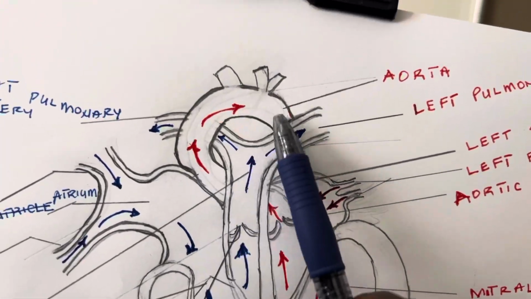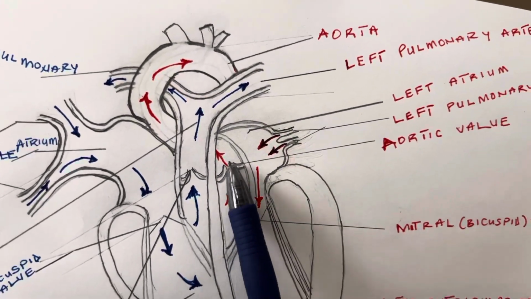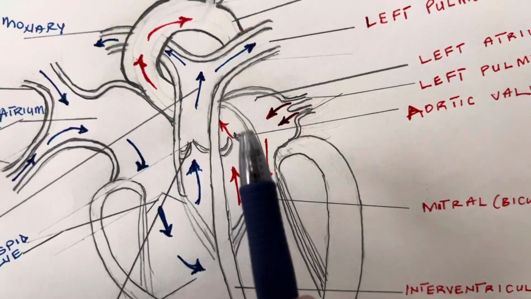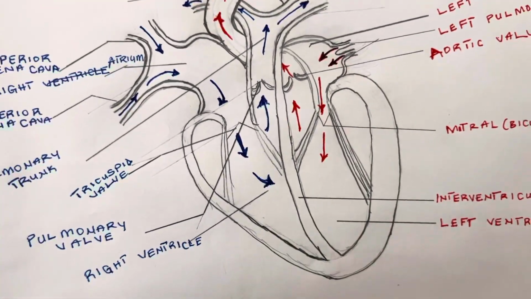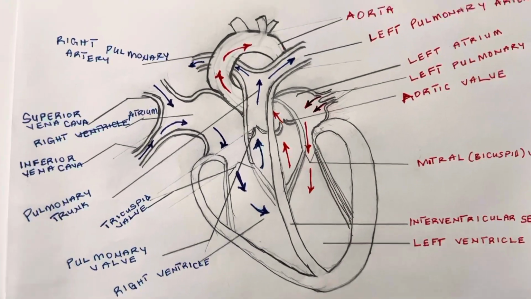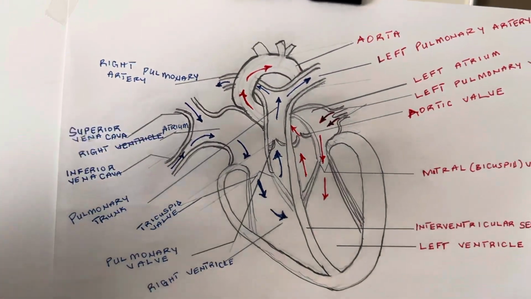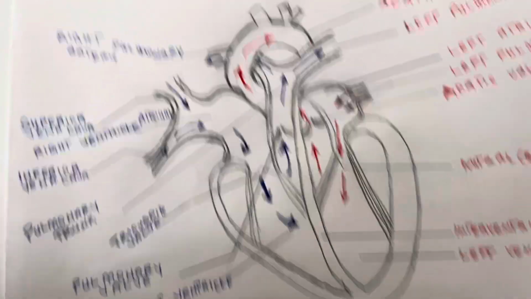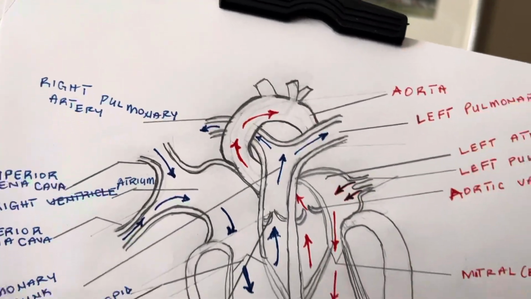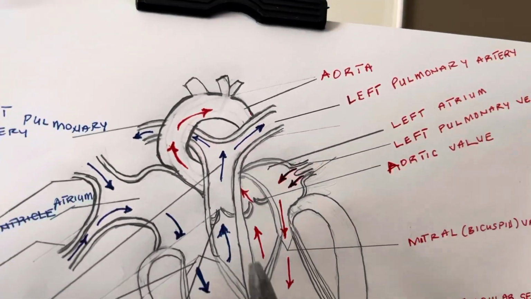And this will be my aorta here with the red arrows. So it goes through this aortic valve that also regulates the blood flow into the aorta from the left ventricle. So from the left ventricle into the aorta onto systemic circulation.